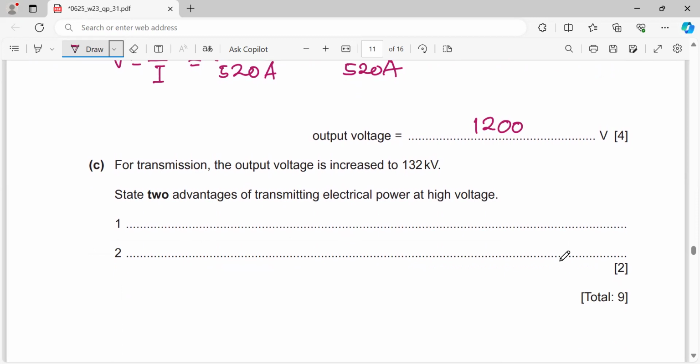For transmission, the output voltage is increased to 132 kilovolts. State 2 advantages of transmitting electrical power at high voltage.